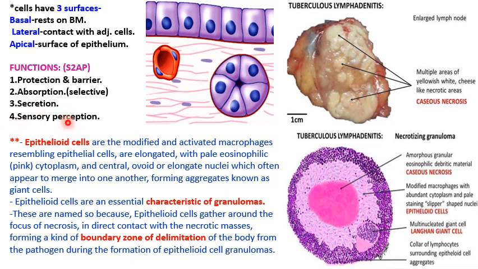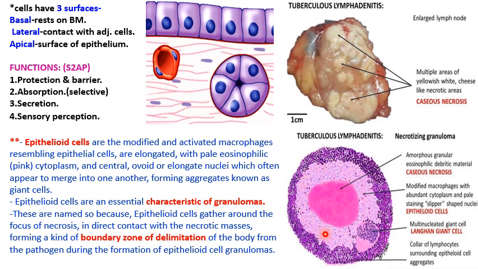They are modified and activated macrophages, which resemble epithelial cells, which are elongated with pale eosinophilic cytoplasm, that is pink in color, with usually elongated nuclei, and they often merge to form a giant cell. So these pale looking cells are all epithelioid cells.